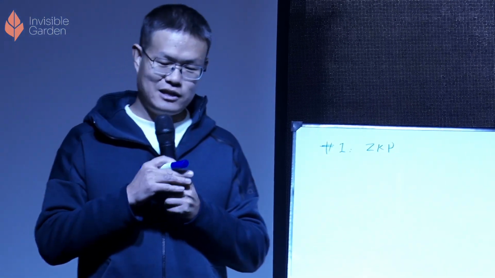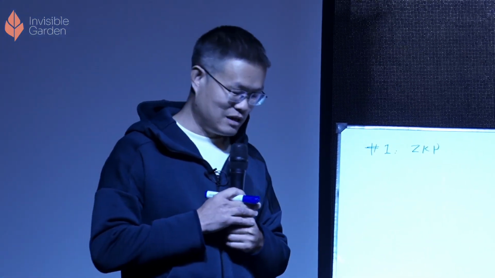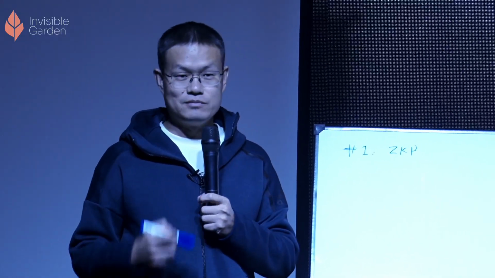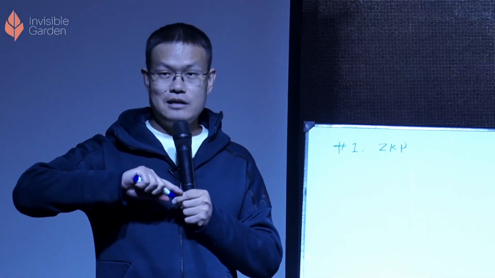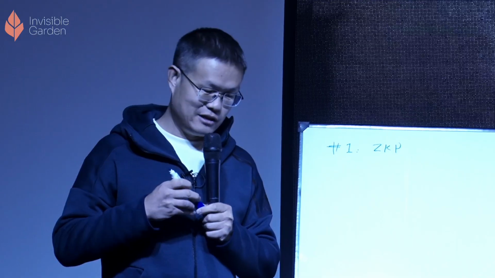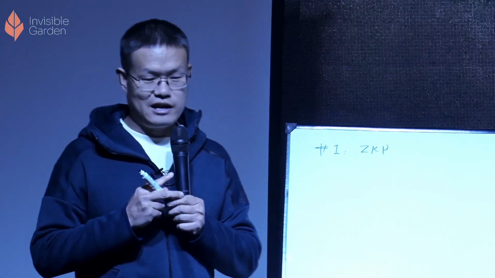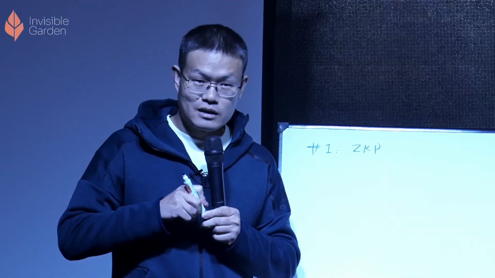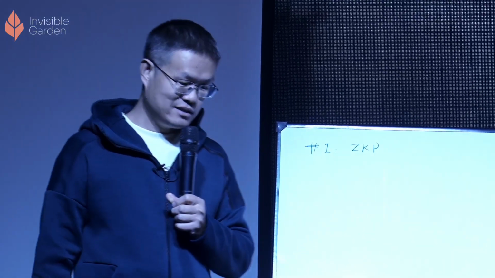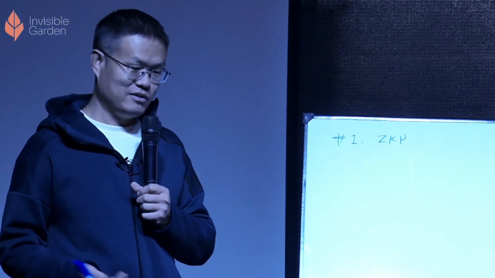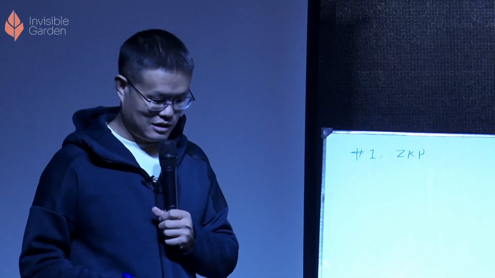First of all, what is a zero knowledge proof? Zero knowledge proof is a term from computer science, from the early days when scientists researched how to mathematically define computation and computational complexity, something like computability theory.